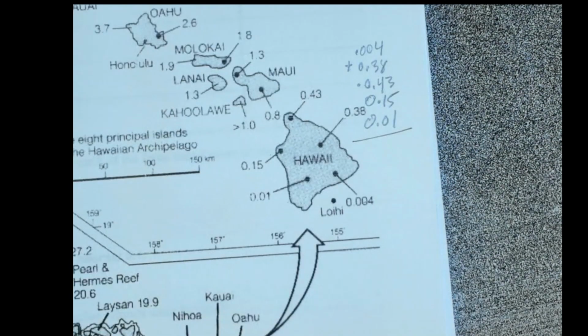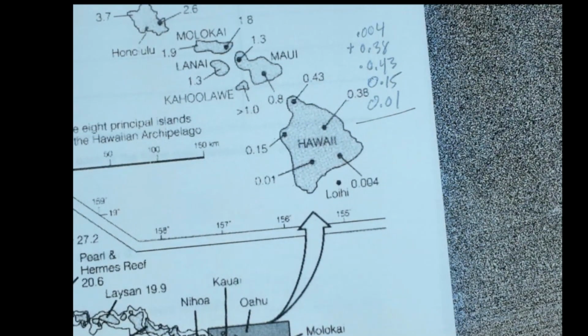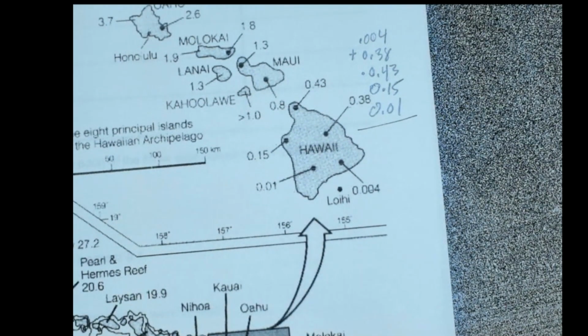All right, so let me just pull out a calculator. Okay, so in this one, it would be 0.43 plus 0.015 plus 0.01 plus 0.004 plus 0.38.